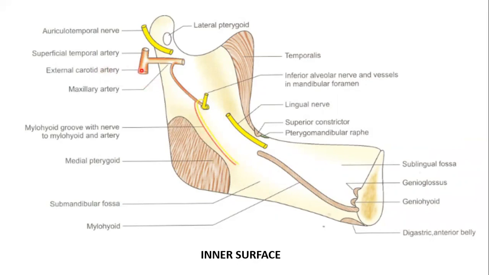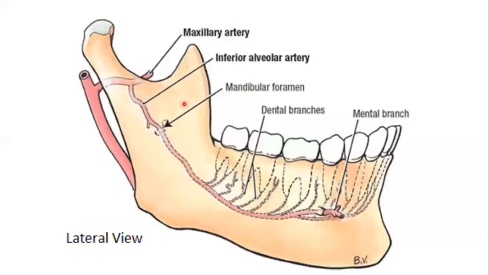Then vessels, again, this is the superficial temporal artery and this is the maxillary artery. These two important arteries are also related with this part of the mandible. You see, this is the mandibular foramen and this is the mandibular canal.